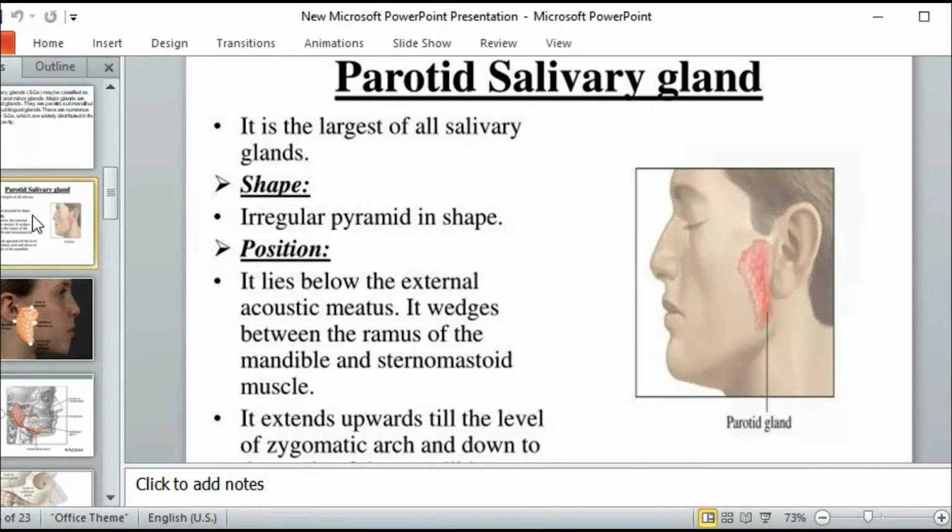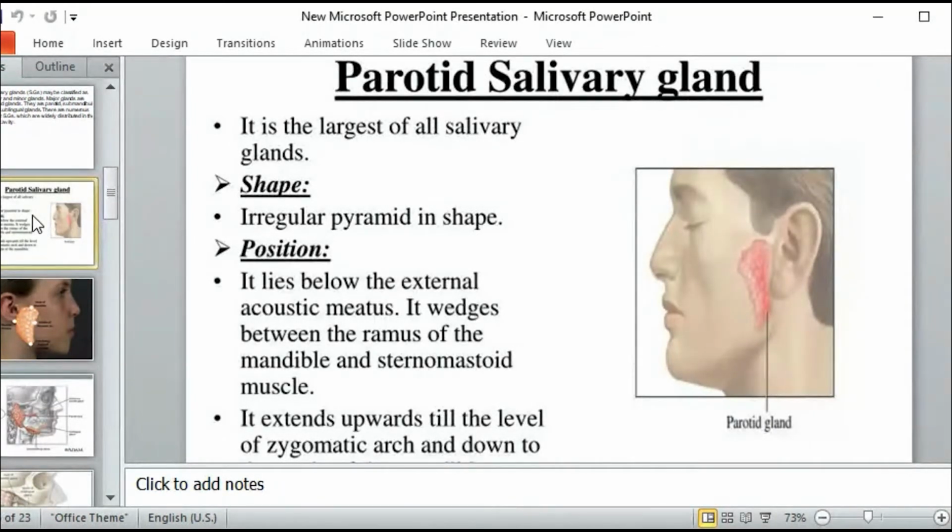Function of this secretion, this saliva: it's a serous watery secretion that contains enzymes which are secreted to the oral cavity through the duct. The duct name is Stensen's duct.